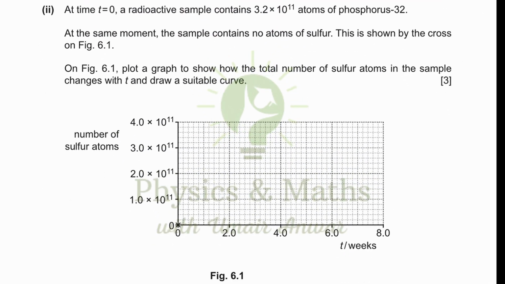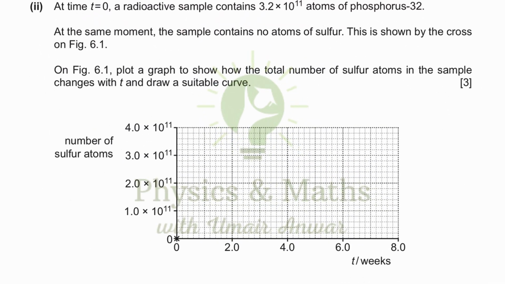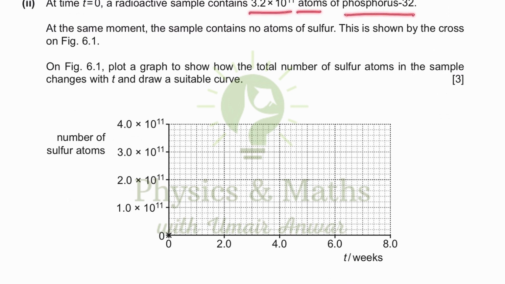At time t equal to 0, a radioactive sample contains 3.2 × 10^11 atoms of phosphorus 32. So initially, this many atoms of phosphorus 32 are present. At the same moment, the sample contains no atoms of sulfur. So all the atoms were phosphorus and there was not a single atom of sulfur.